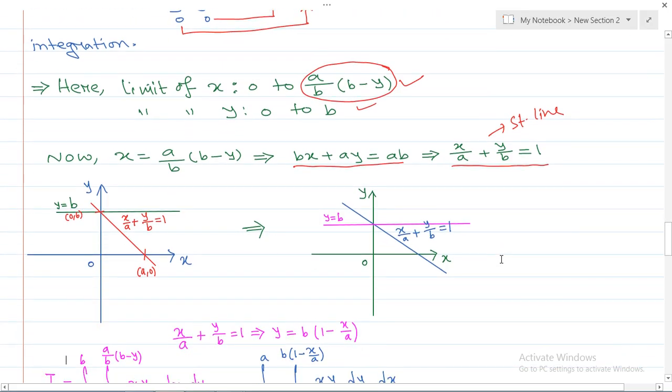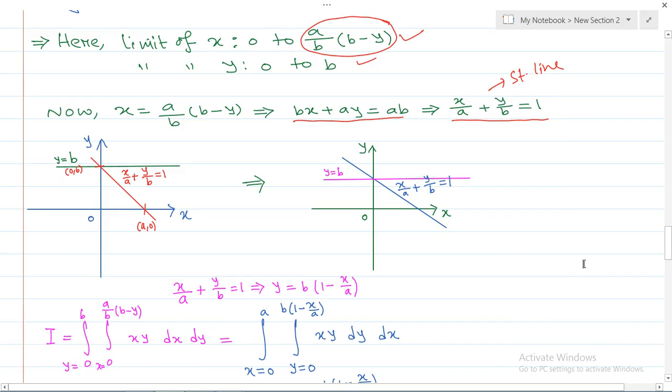So here you can see the left hand side region diagram that we have drawn for the given limit only. Okay, so now what are the limits? We can see x is varying from 0 to this straight line, x by a plus y by b equal to 1.